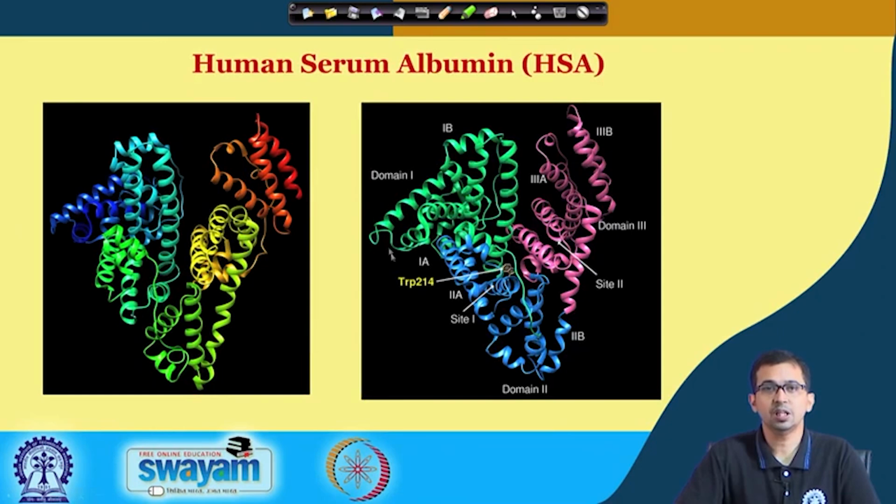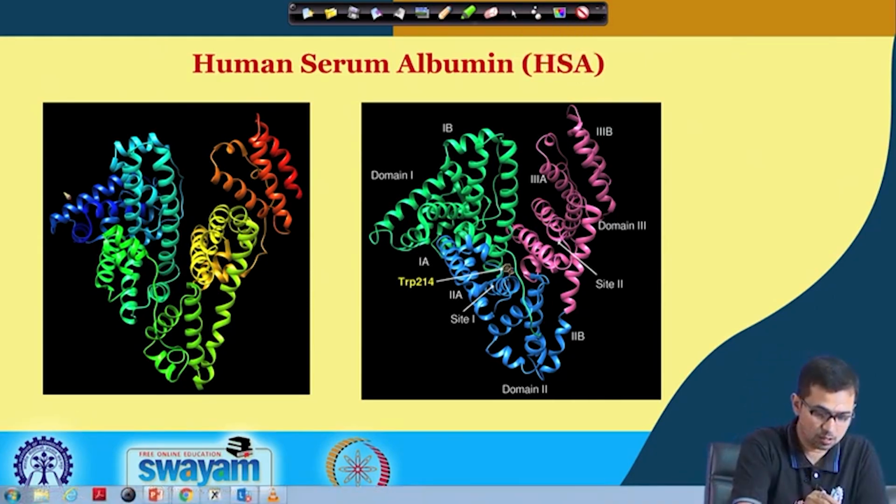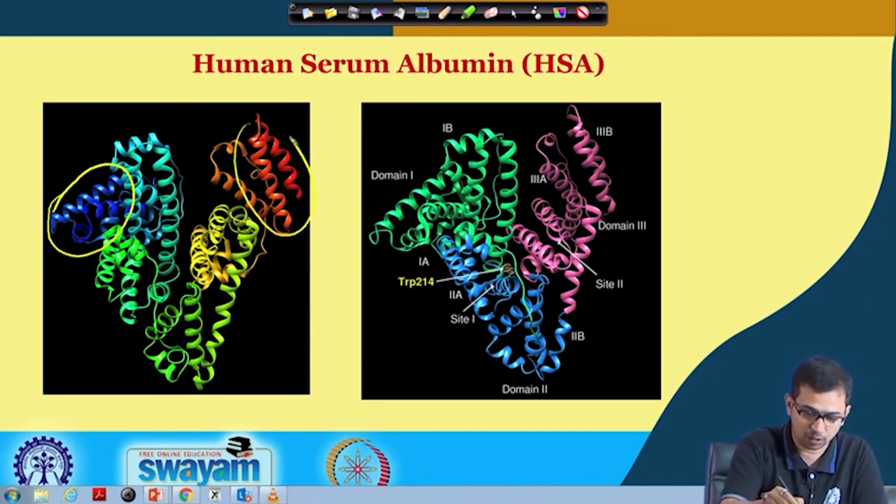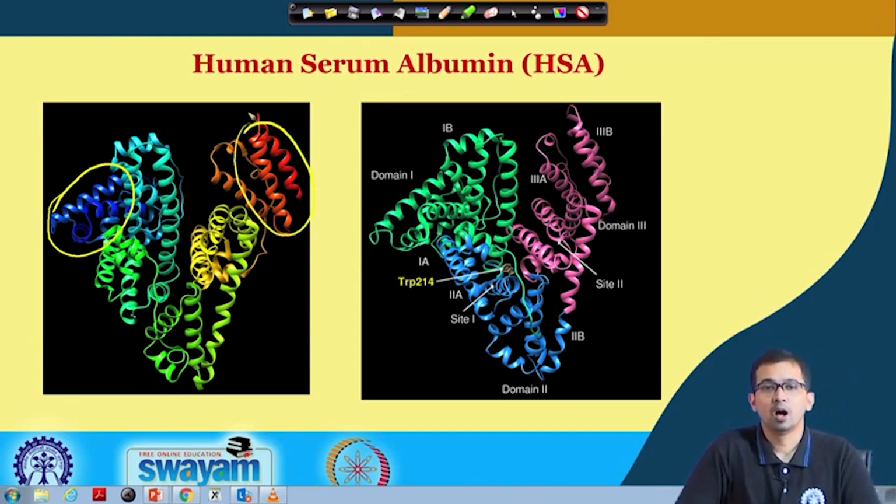Now, this is the human serum albumin. It looks pretty good in terms of color combination, but the structure is a bit complex. Here we can see several helices. This one is an alpha helix, and this one is also an alpha helix. So, HSA has these different alpha helices.